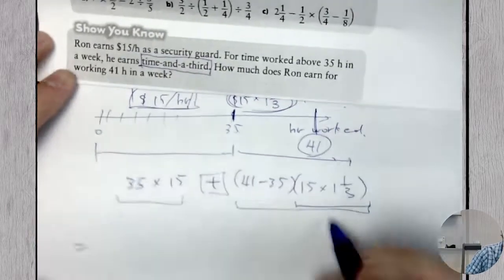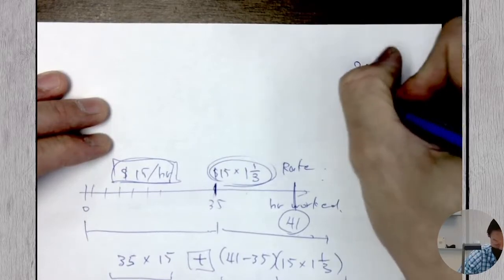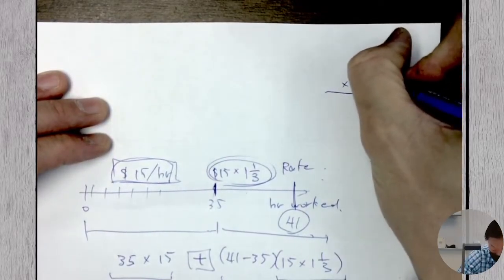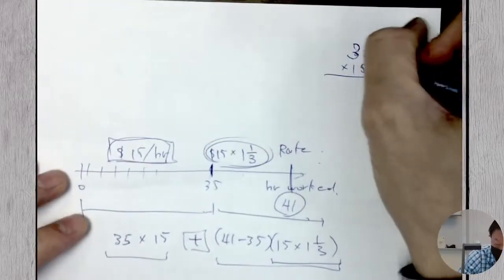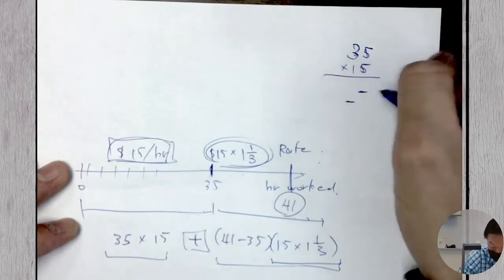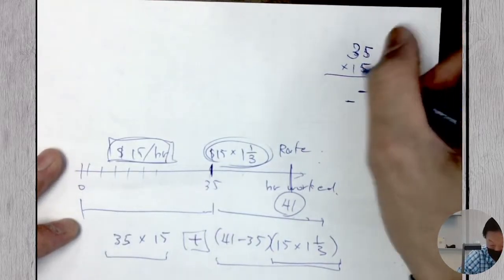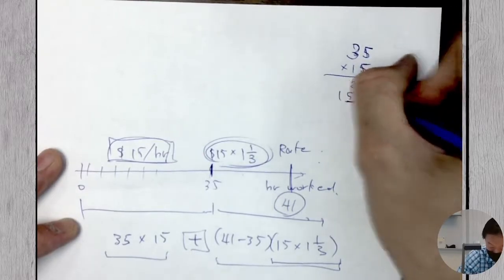So 35 times 15. I'm going to do this on the side. Again, if you're a little bit rusty on how to multiply two digits, tune in, okay? I'm going to write this as two different sets of numbers. 5 times 5, 25. 5 times 3, 15.